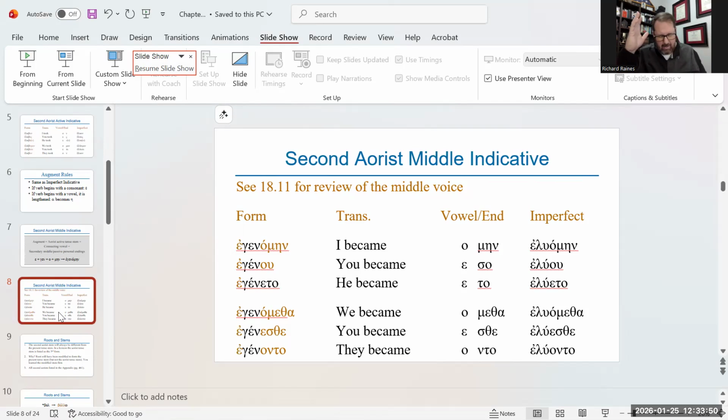You're going, okay, I recognize that ending. That looks like gen from ginomai. There's an augment on the front of it. Okay, that's second aorist middle. So egenomen, egenou, egeneto, egenometha, egenesthe, egenonto. I became, you became, he became, we became, you became, they became.